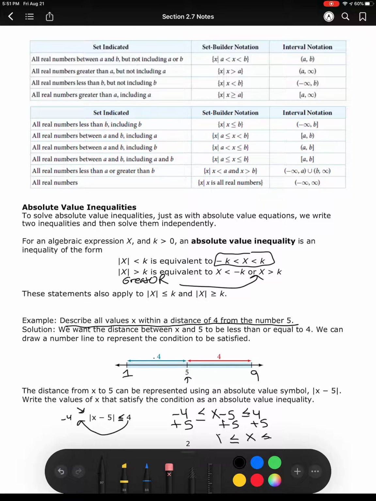So we get 1 is less than or equal to x, less than or equal to 9. And that's just from 1 to 9. So this absolute value of x minus 5 less than or equal to 4 is the algebraic way of writing this. And if that doesn't make sense, then just try to remember these rules.